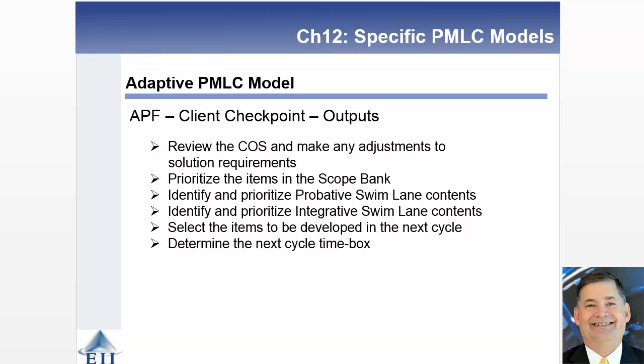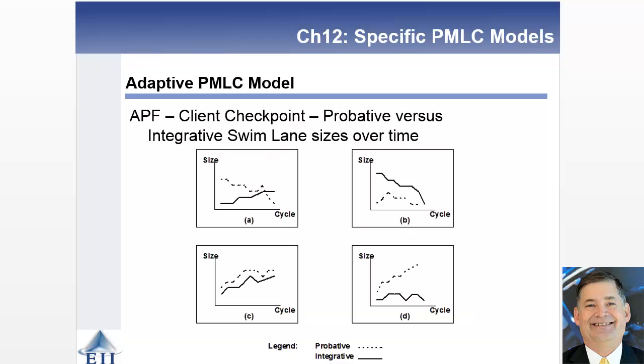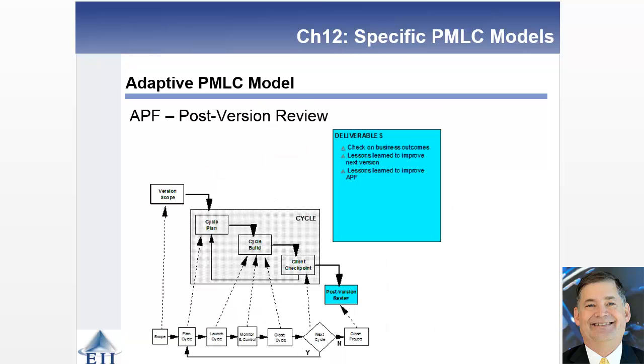And then you need to prioritize items left in your scope bank and then start to identify your swim lane contents that you're going to use during your next particular cycle. Again, this is talking a little bit about these different types of swim lanes over time and making sure that you're making progress against your plans and the requirements that are out there.